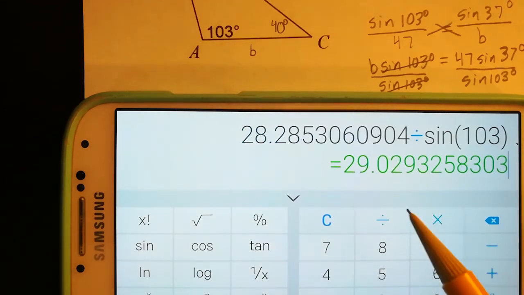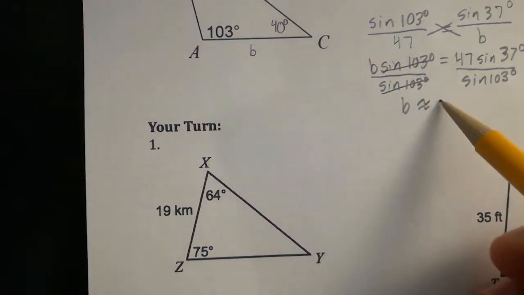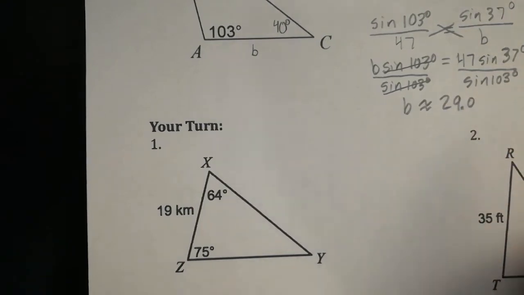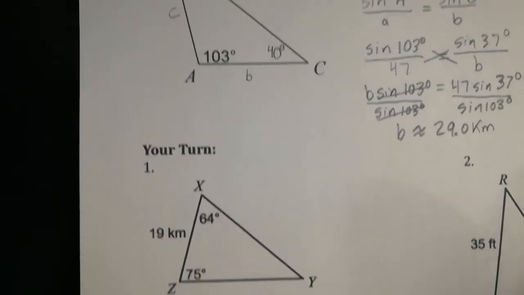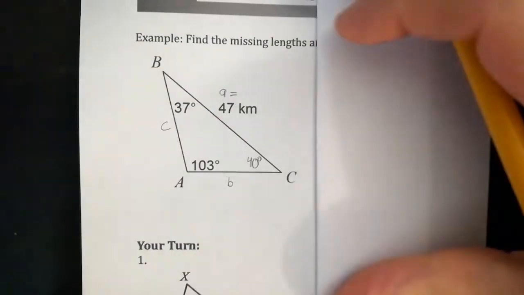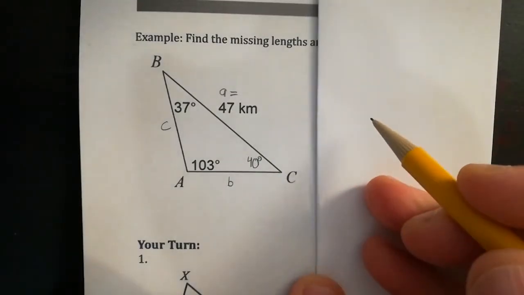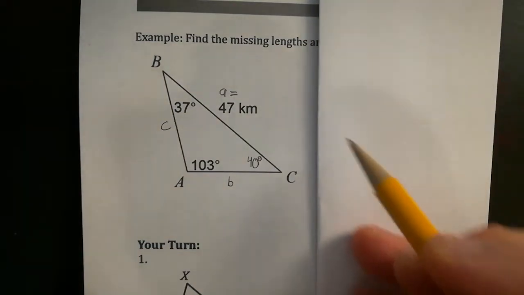It didn't say how to round here. I'm going to go ahead and round to the nearest tenth, so that'd be 29.0. So B is approximately equal to 29.0 kilometers, because that was what was involved elsewhere in the problem. I don't have my best equipment with me here where I'm doing my video right now, so I just folded my paper so I could fit everything on the screen.